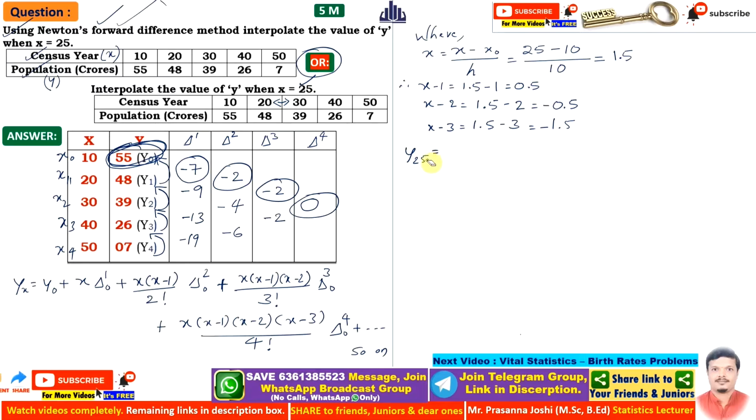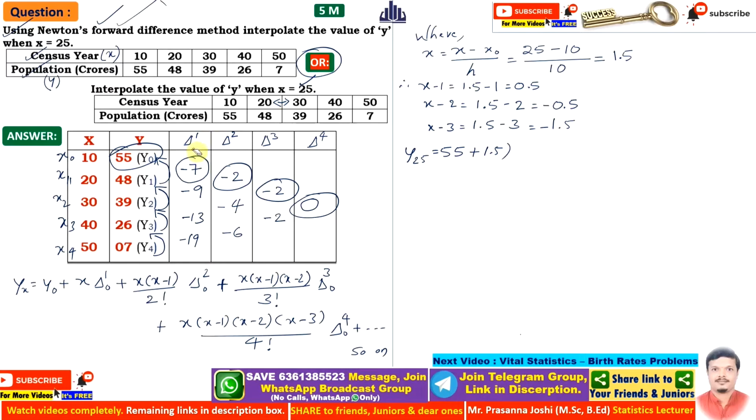Y25 is equal to, why have we written y25? Because yx is the formula. At x value 25, it is asked to calculate the y value. That's why yx. In place of x, this x equal to 25 we have written. So y25 is equal to y0. What is the y0 value? Here it is, see. Y0 we had taken 55. So y0 is 55 plus, in between, x into delta 0,1, x value is 1.5.